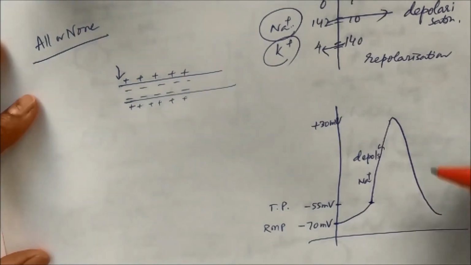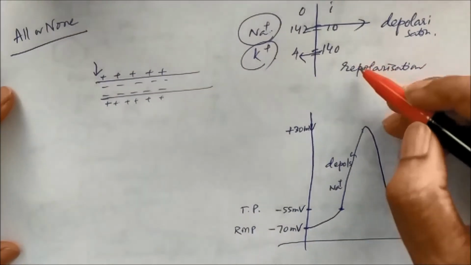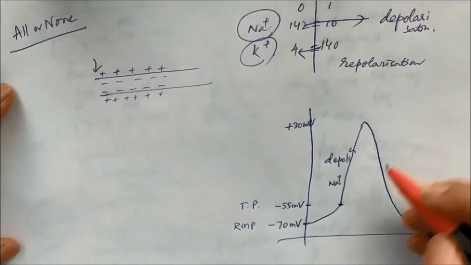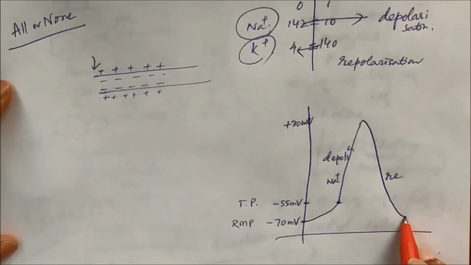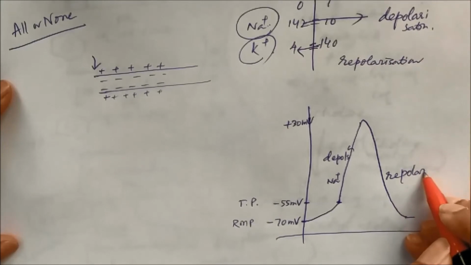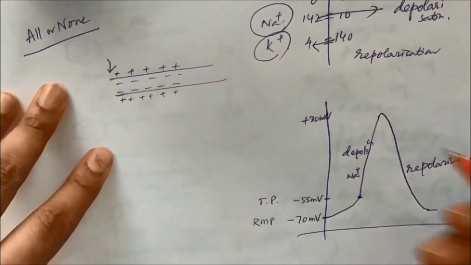After that there will be opening of the potassium channel, and since potassium is the major intracellular ion, potassium will move outwards, and because of that there will again be a polarized state. So the resting membrane potential will be achieved. This is repolarization.